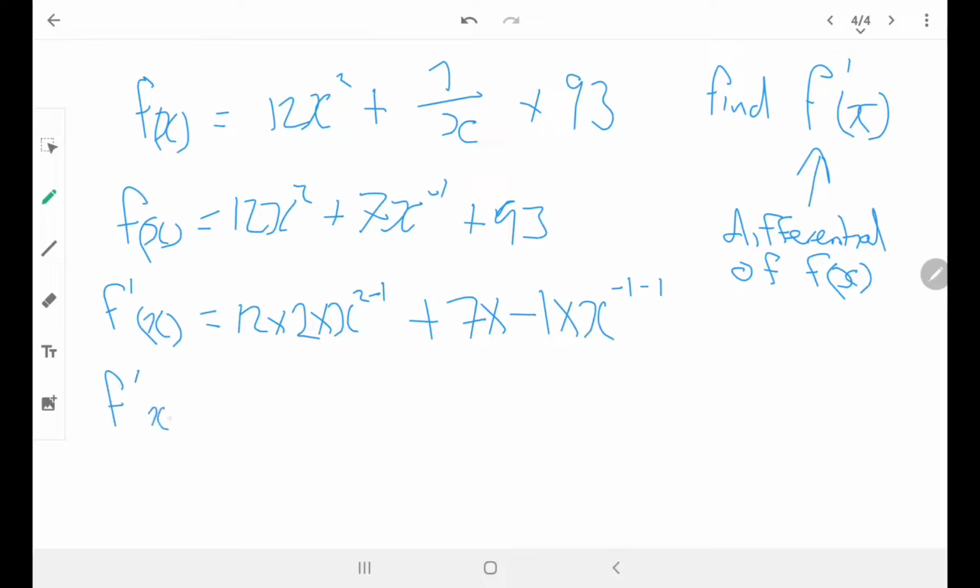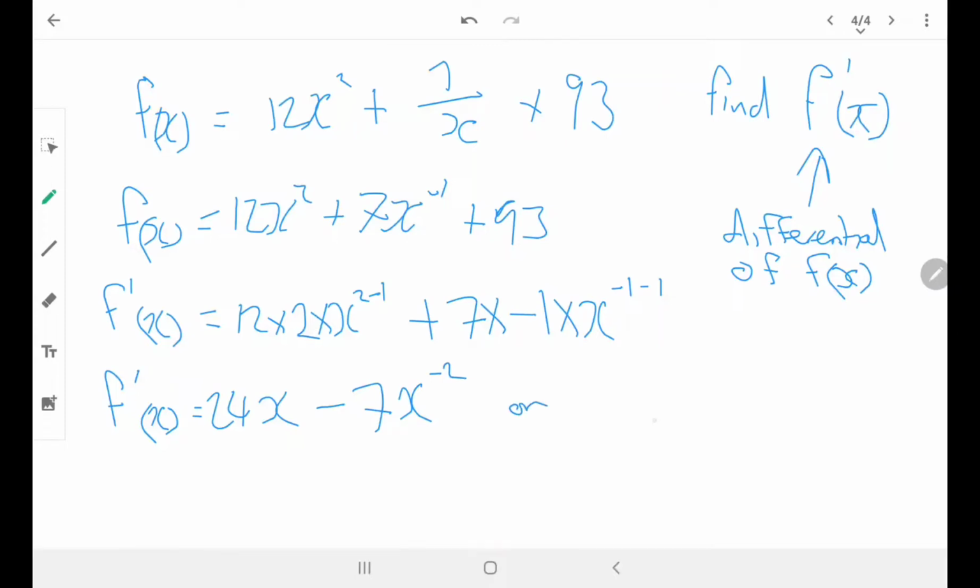So our f dash of x, or differential of f of x, is 24x. So 2 times 12 is 24, and then 2 minus 1 is just 1, so that's x to the power 1, or just x. And then you've got 7 times minus 1 is minus 7, x to the power of minus 2.